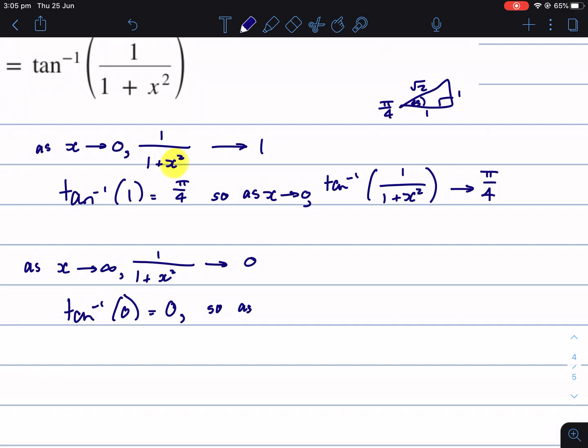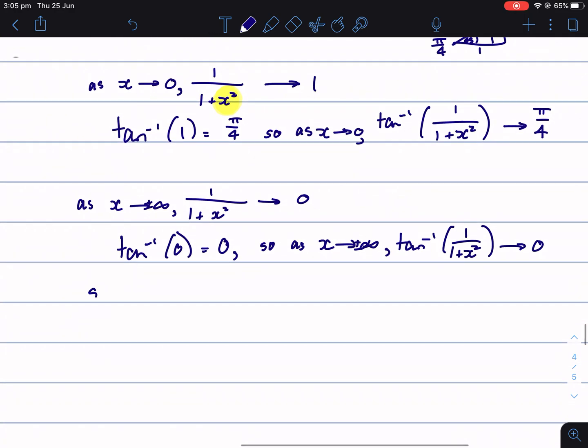So as x tends to infinity, both positive and negative, by the way, because it's squared, it doesn't matter. So the range, well, we're going to be between 0 and pi on 4.